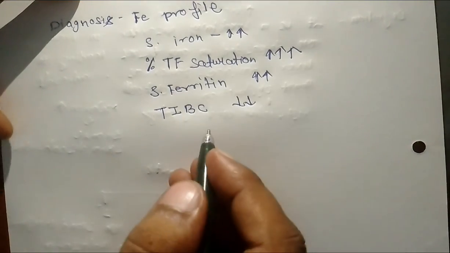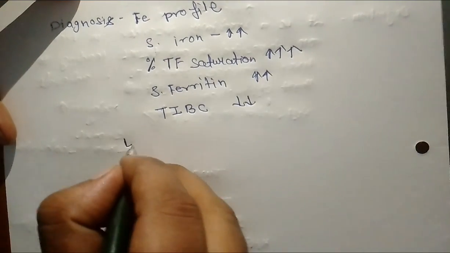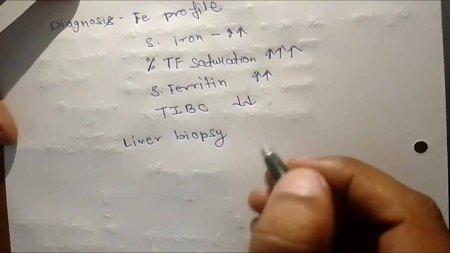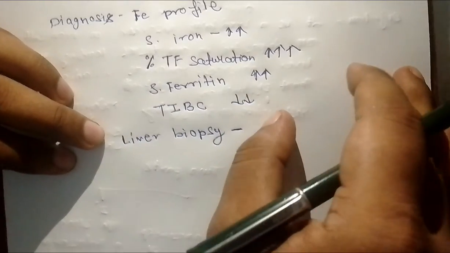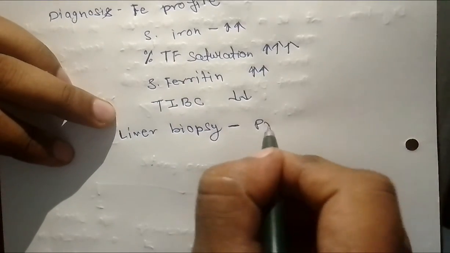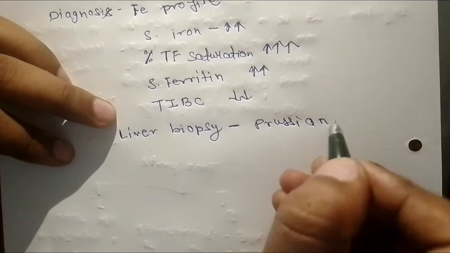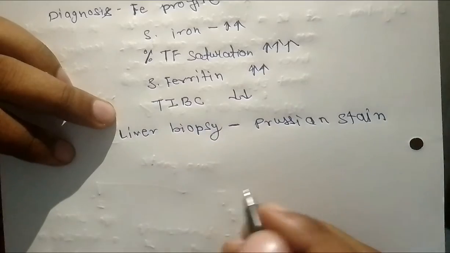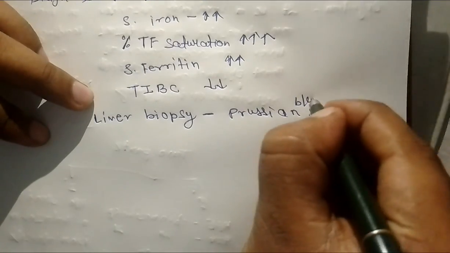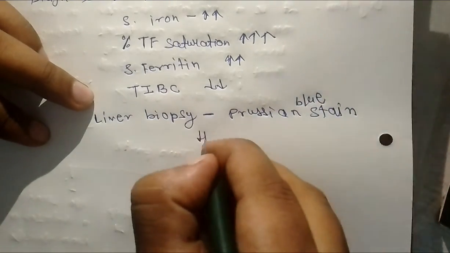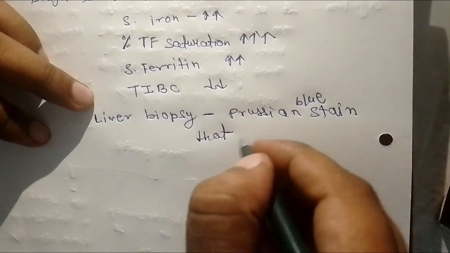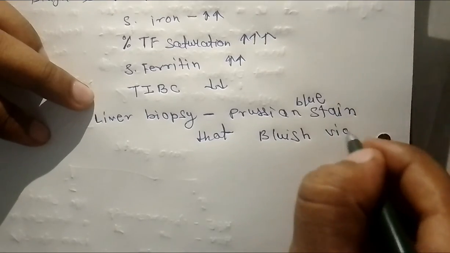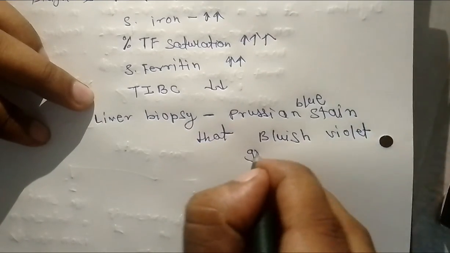For definitive diagnosis, we can go through liver biopsy. In liver biopsy, we can use Prussian blue stain. The Prussian blue stain test shows bluish violet granules.